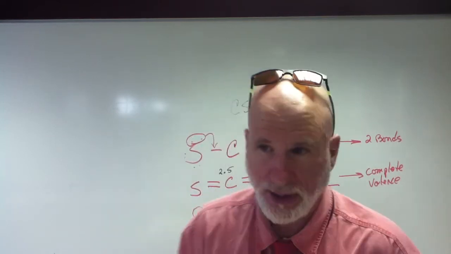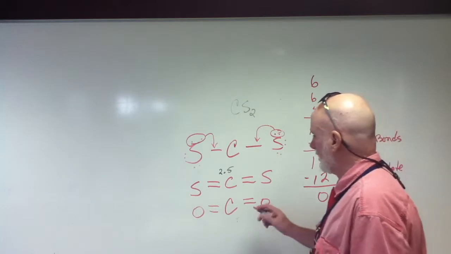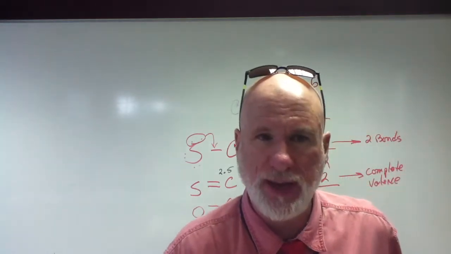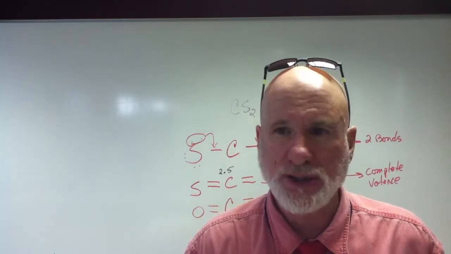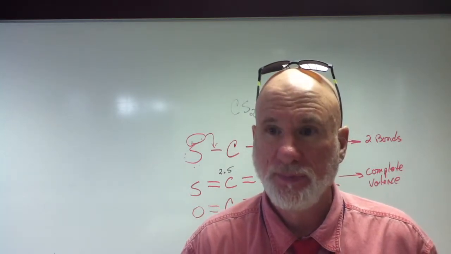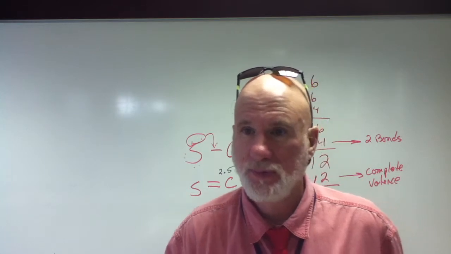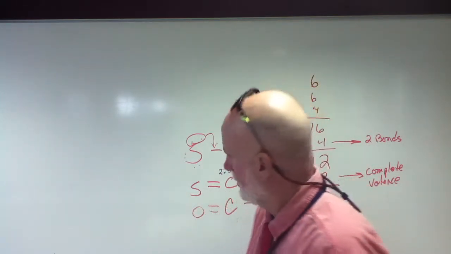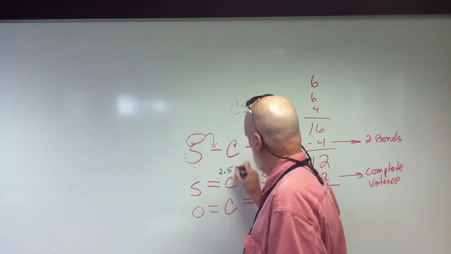Let's look at oxygen. Oxygen is clear cut. Which is a stronger electronegative element, carbon or oxygen? I got from the web, the electronegativity of carbon is 2.55, and the electronegativity of sulfur is 2.58.